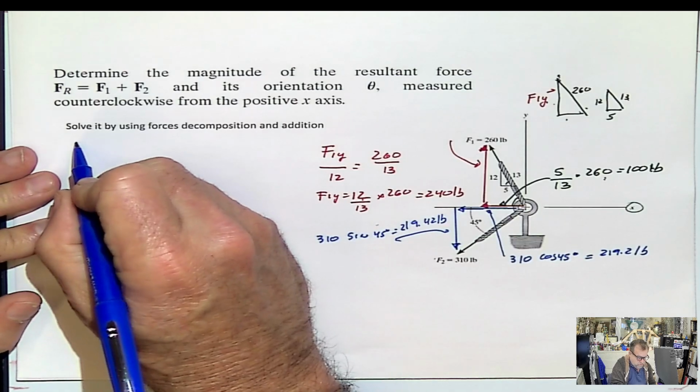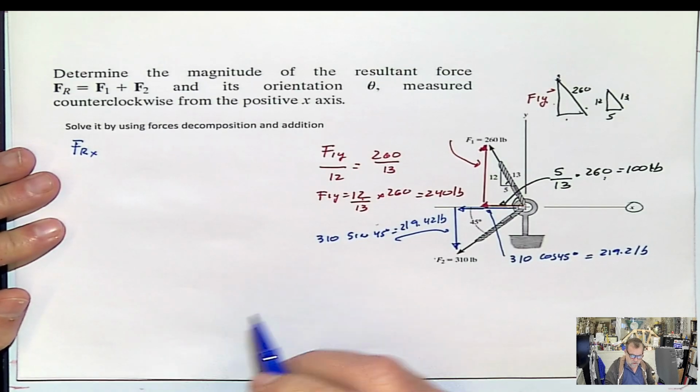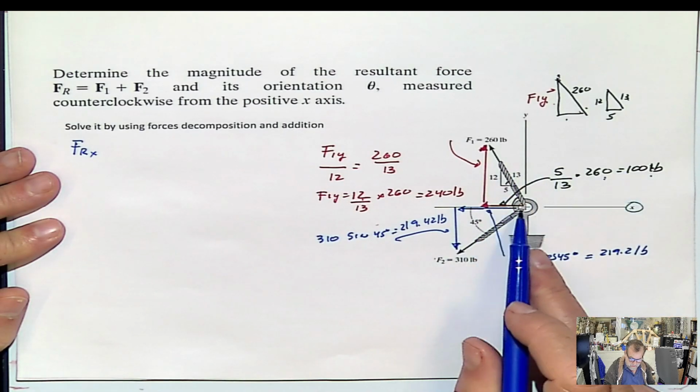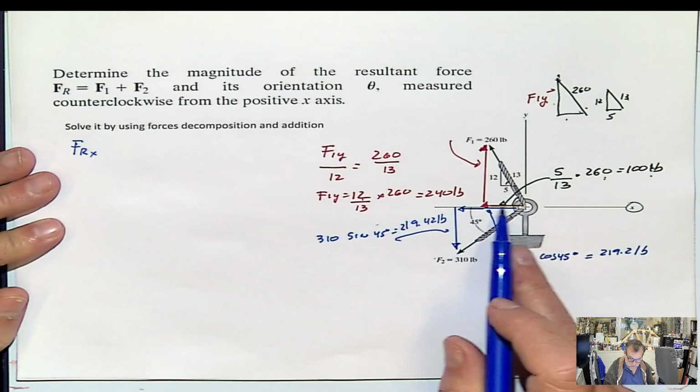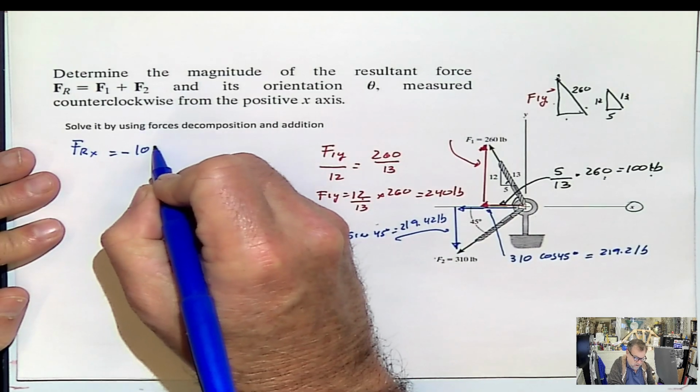Now we have all the forces in x and y. What do we do? We calculate the resultant of the forces in the x direction. Okay, let's work in the x direction. This is the x component of force 1, but I'm going to put it negative, just to indicate that it goes to the left. So negative 100.